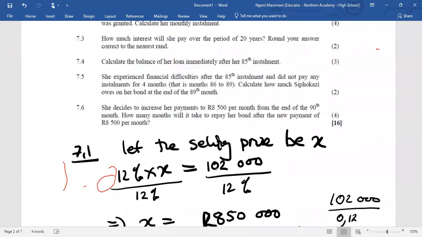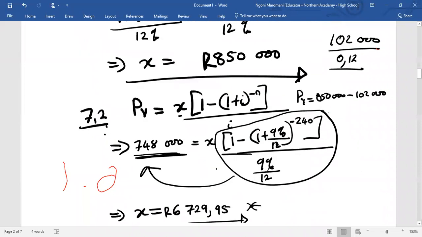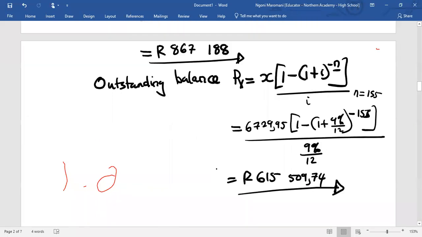And how much have we found on the outstanding balance? 615,000. You must know that this outstanding balance is the money that, say for example, today you win lotto and you want to pay back all the money.